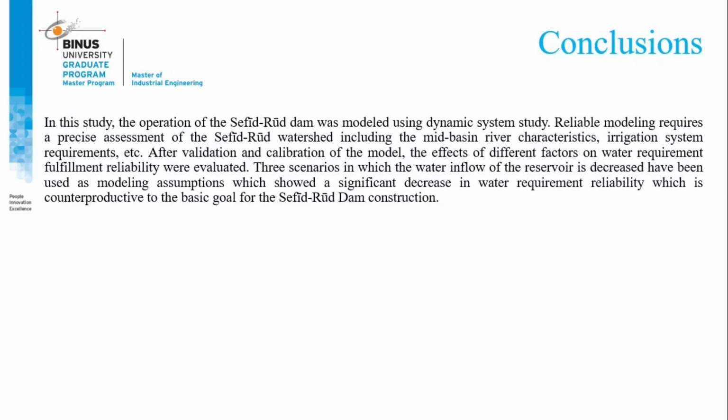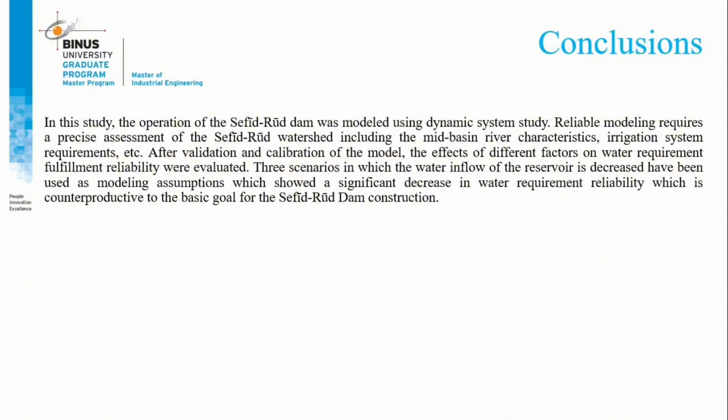In this study, the operations of Sevidrat Dam were modeled using system dynamics. Reliable modeling requires a precise assessment of the Sevidrat watershed, including the mid-basin river characteristics, irrigation system requirements, etc. After validation and calibration of the model, the effects of different factors on water requirements fulfillment reliability were evaluated.